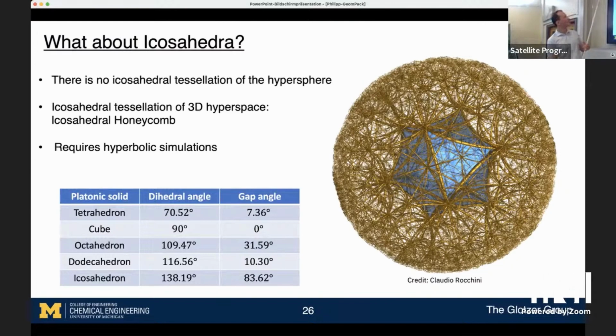But effectively, you have to go into hyperbolic space, because you have a gap angle where, if you overlap them all, there would be small little overlaps. To resolve them, you have to go to negative curvature space to make them perfectly aligned.